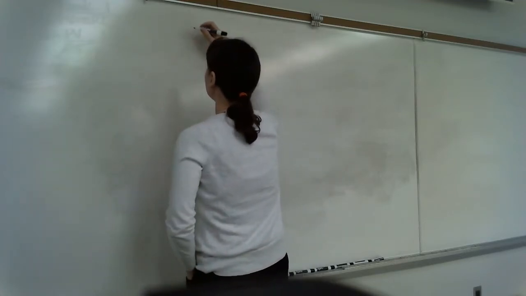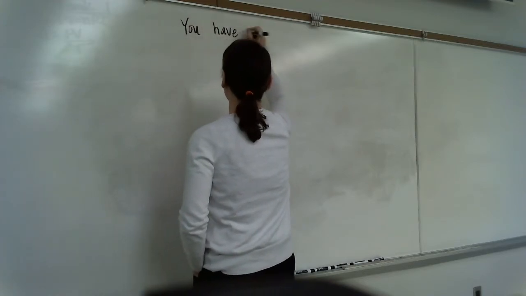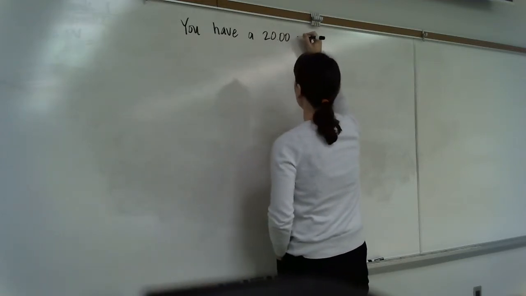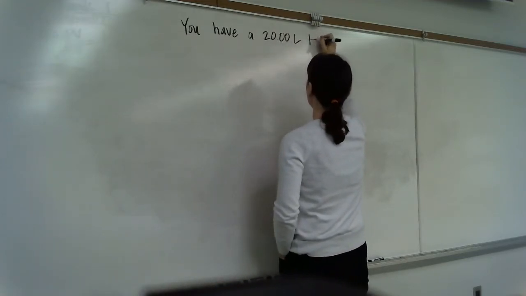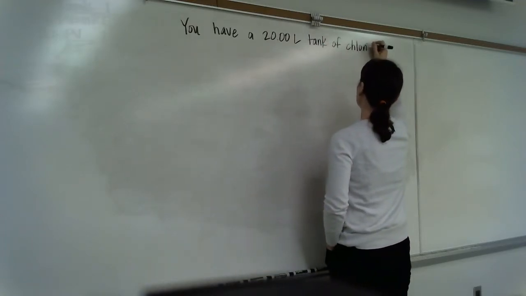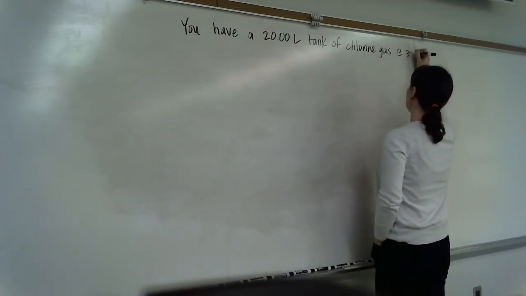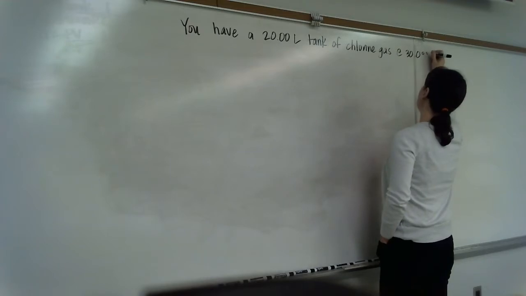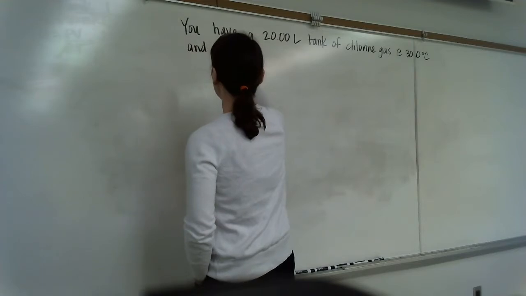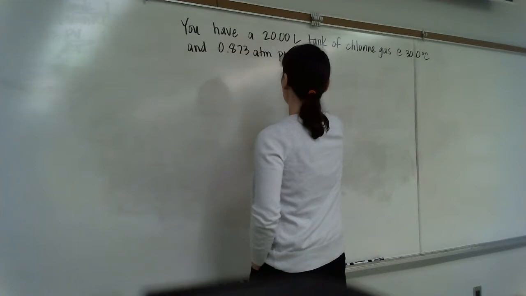Let's see. You have a 20-liter tank of chlorine gas at 30.0 degrees Celsius and 0.873 atmospheres pressure.